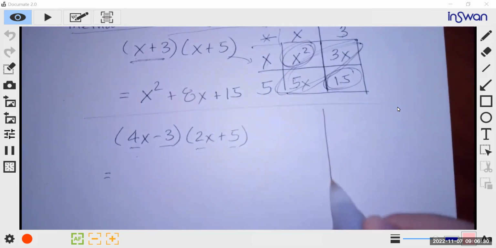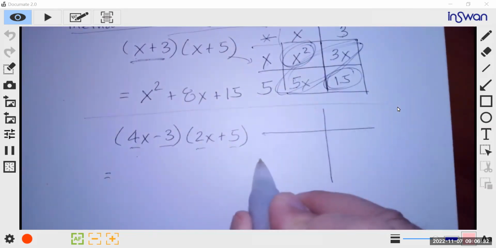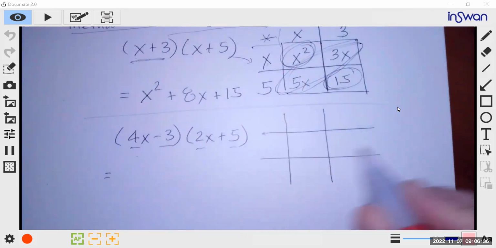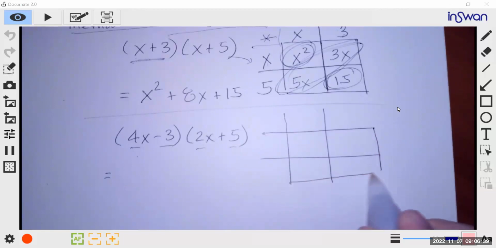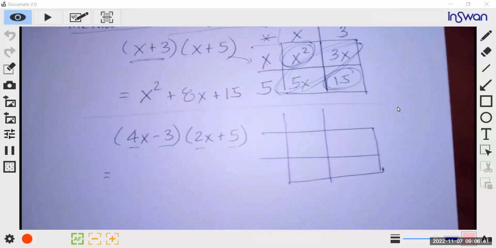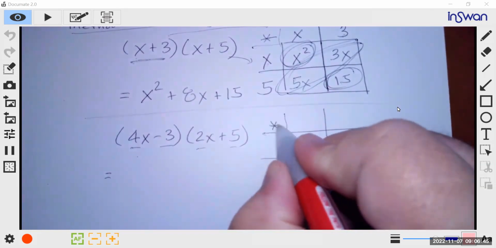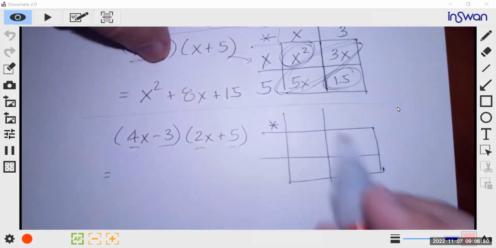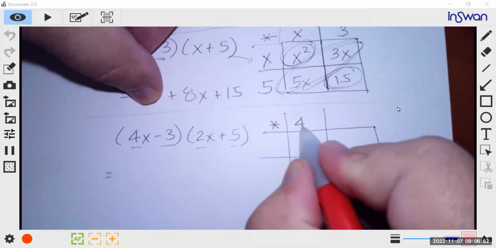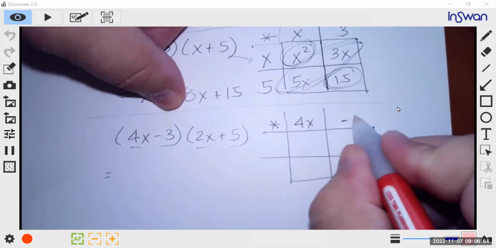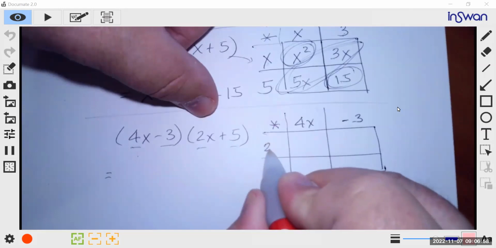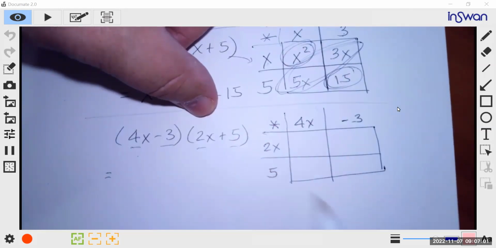So remember, we multiply all these. So on the top row, we have 4x and a negative 3. 2x and a positive 5.